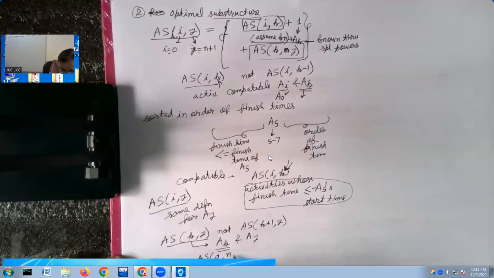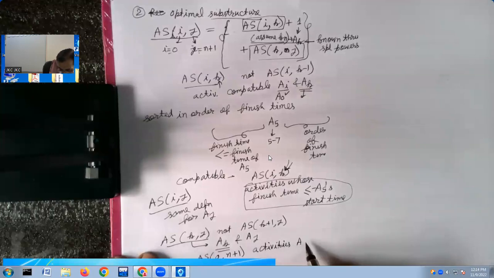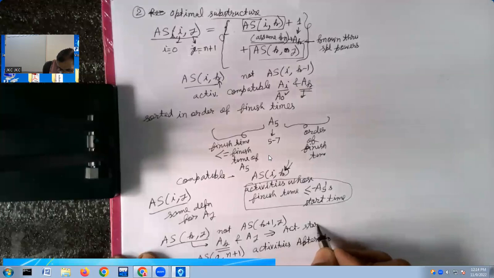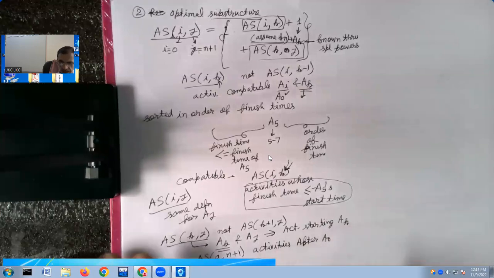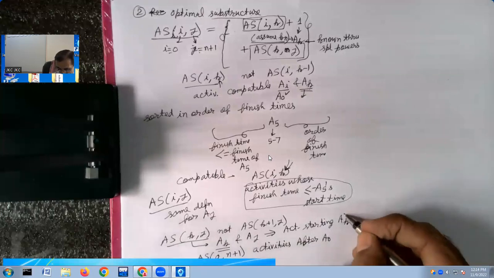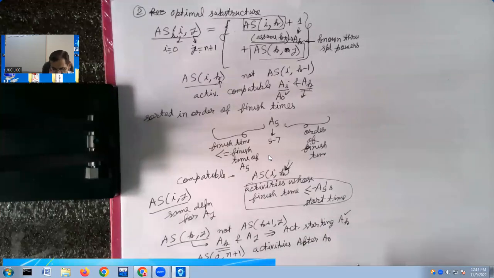AS 0 to n plus 1 also meant activities starting after A0. Here also it means activities starting after Ak. So Ak is compatible, and once Ak finishes, other activities start after Ak.